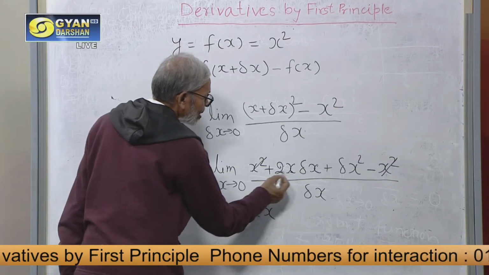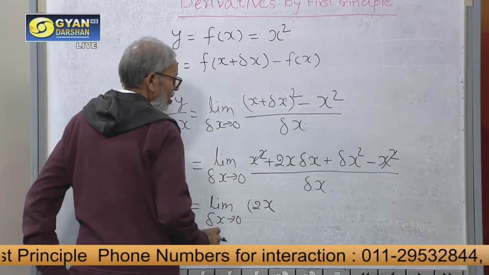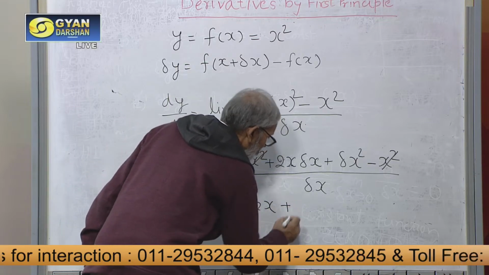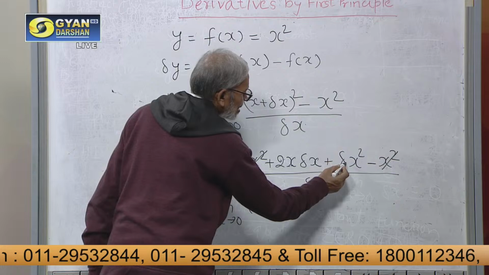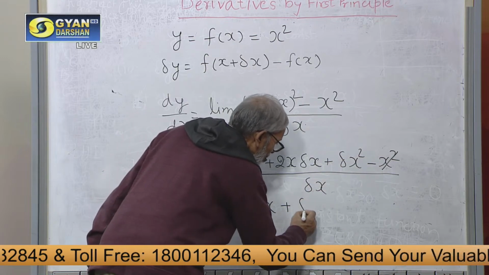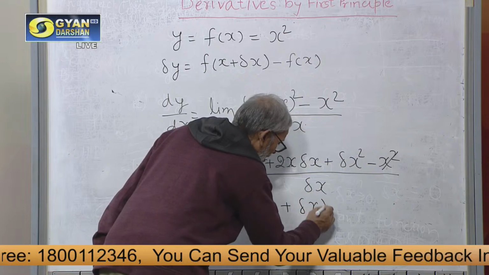So, 2x will remain here in the first, and in the second, delta x square divided by delta x, one delta x will be cancelled out. So, it will be delta x.